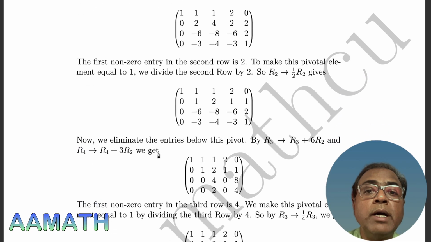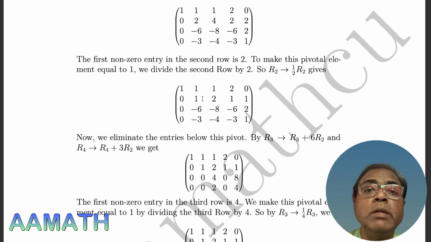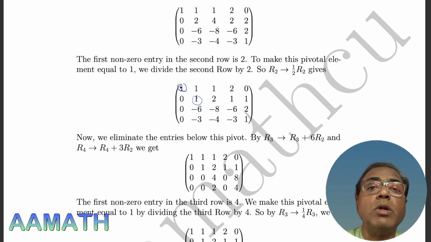Now we eliminate the entries below this pivotal element 1 in the second column. The pivotal element 1 is in the first column, and the pivotal element 1 is in the second column. The elements below the pivotal element 1 are 0 0.